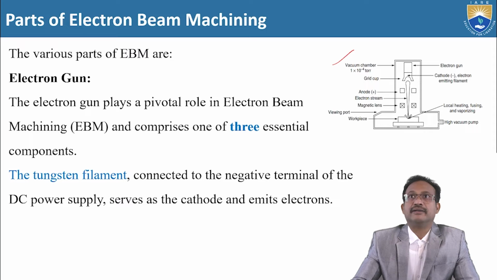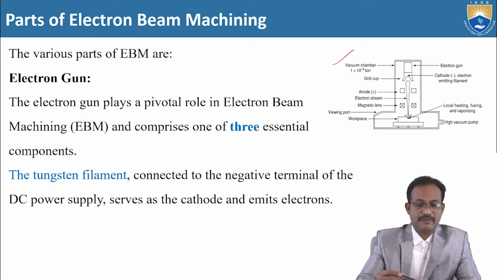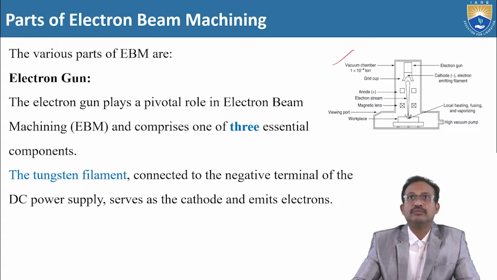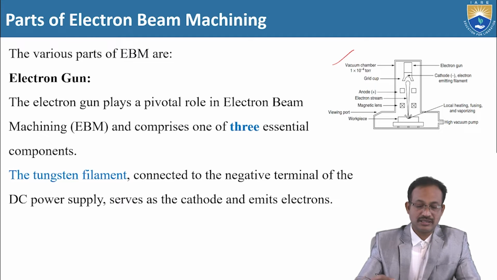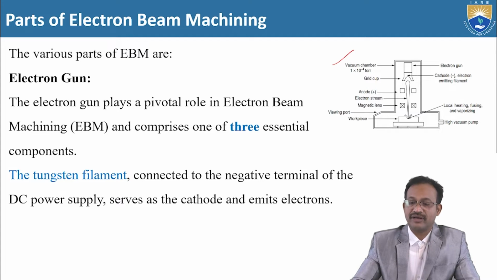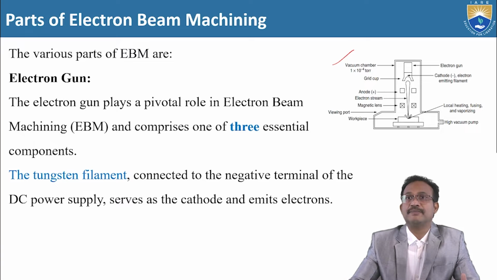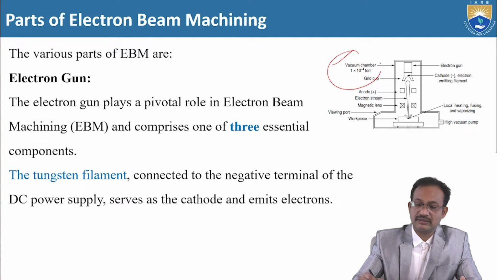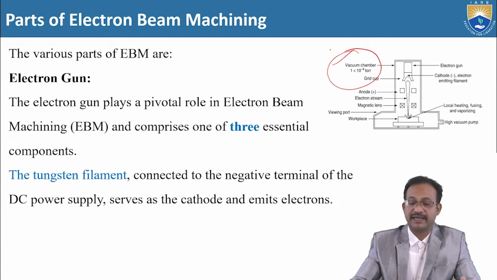The electron gun plays a pivotal role in electron beam machining and comprises one of the essential components. However, this entire setup is within the vacuum chamber, which we will discuss later.